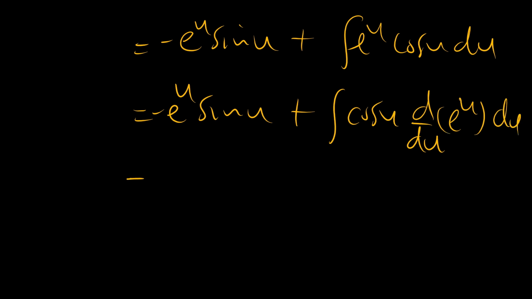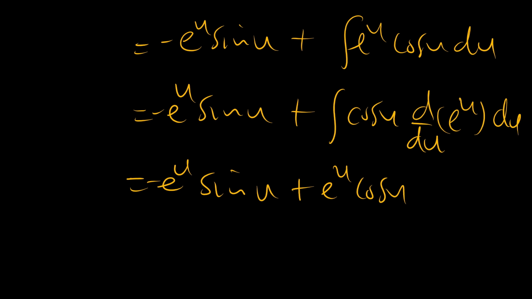Using the same idea of integration by parts, we find that we have plus e to the u cosine of u minus, because the derivative of cosine u is going to be equal to negative sine, this becomes a positive, and so we have e to the u sine u.